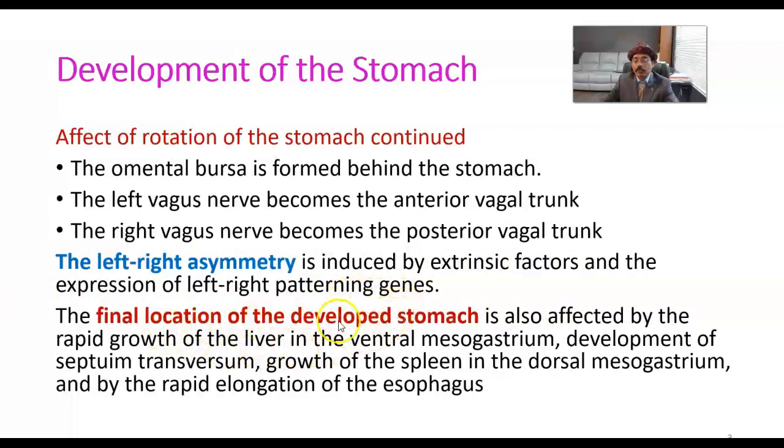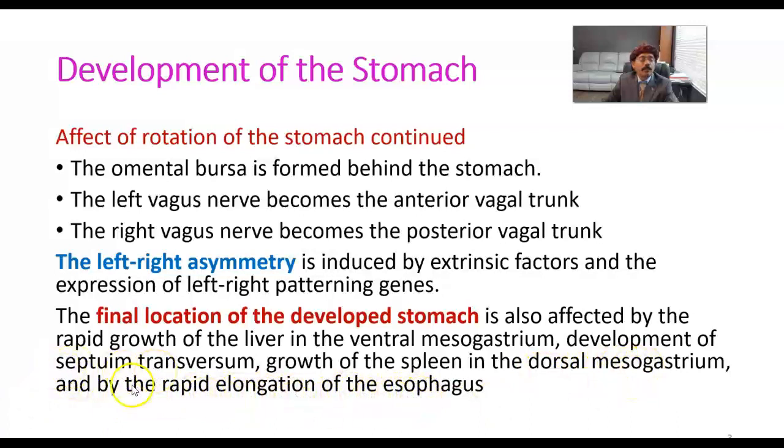The final location of the developed stomach is also affected by the rapid growth of the liver in the ventral mesogastrium, development of the septum transversum, development of the spleen in the dorsal mesogastrium, and by the rapid elongation of the esophagus.